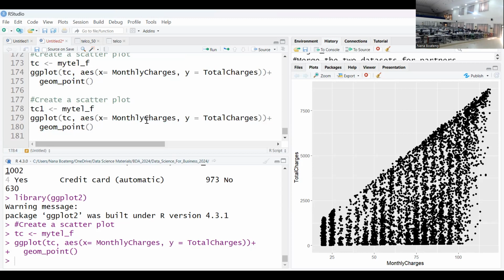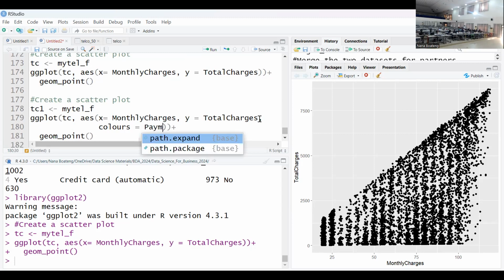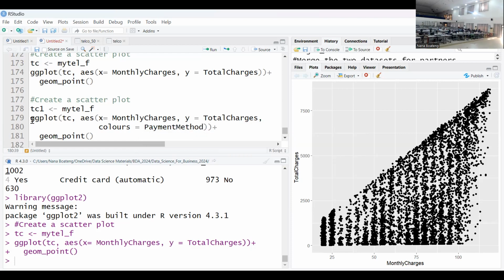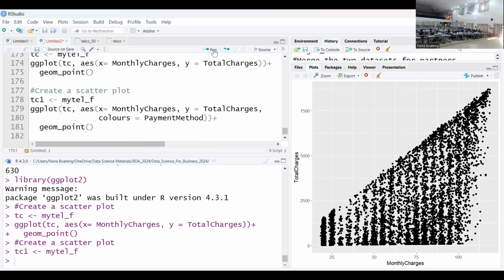Within this ggplot, we can give a further argument for the color. So color is equal to payment method. Let's run this. So let's call TC1.